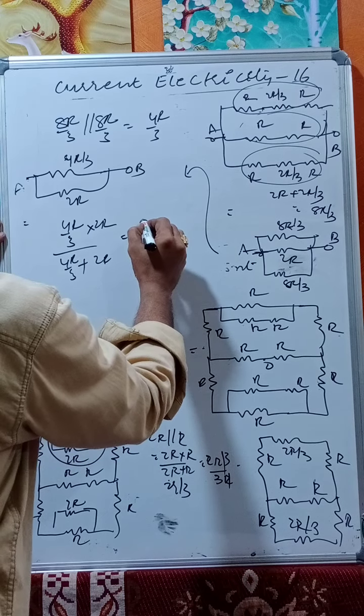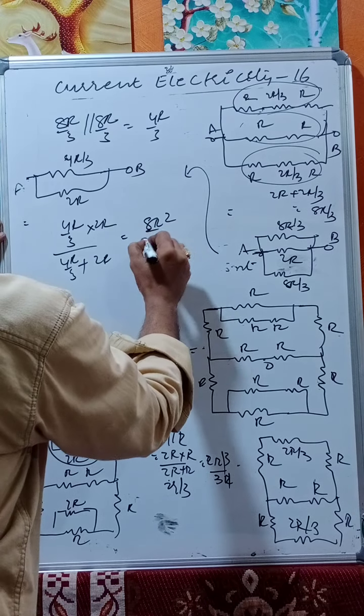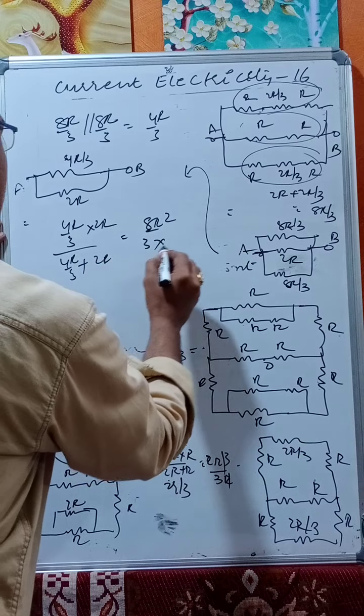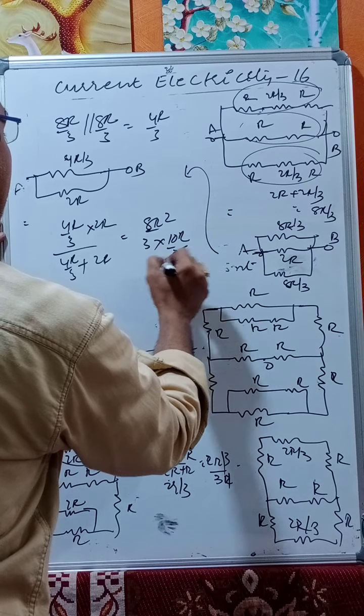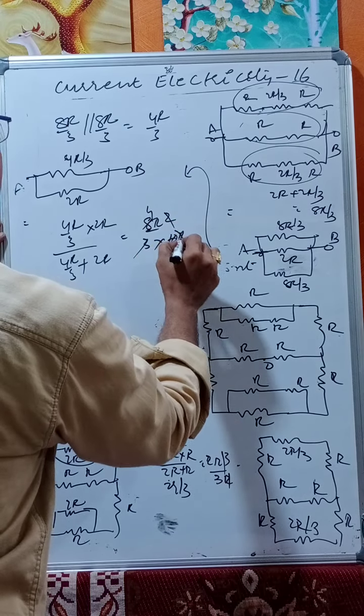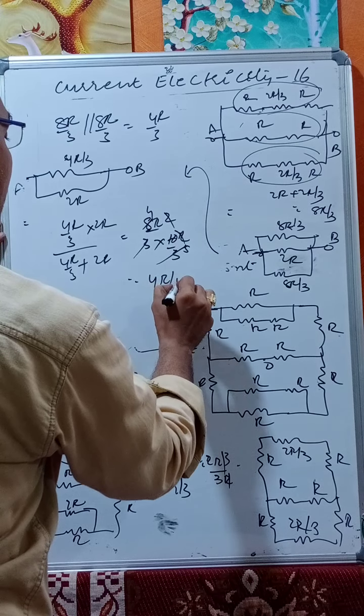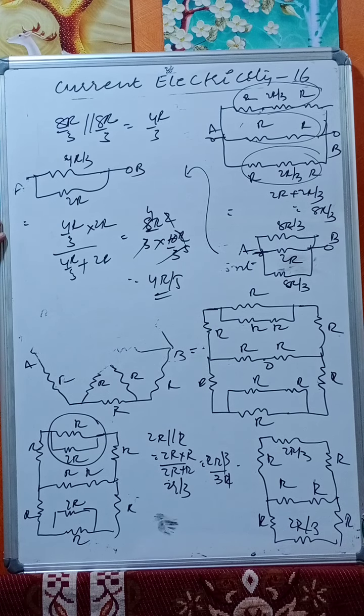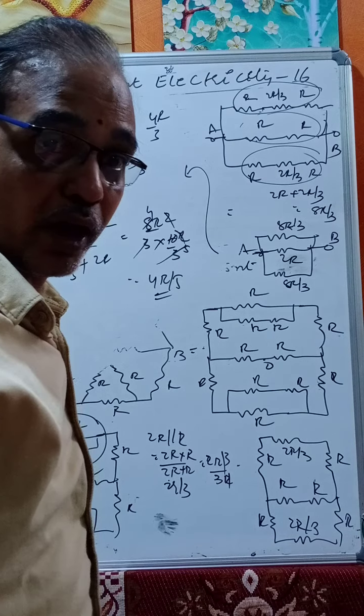This will be 8R square by 3 over 10R by 3. The 3 gets cancelled, R gets cancelled, 4 and 5. This equals 4R by 5. Same answer we got in the previous case also.